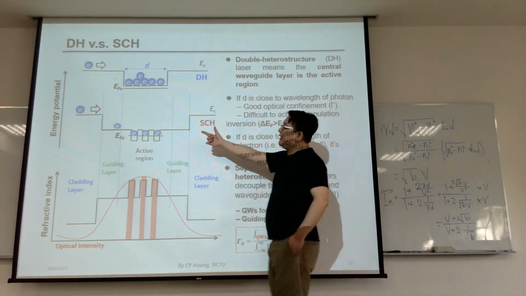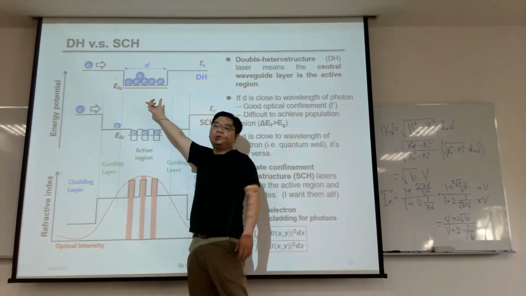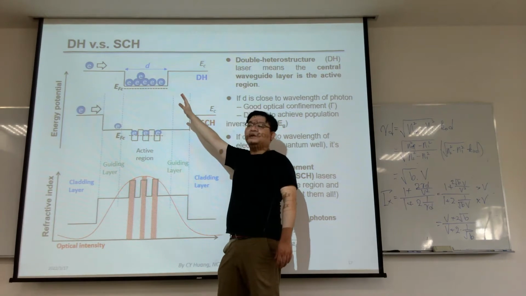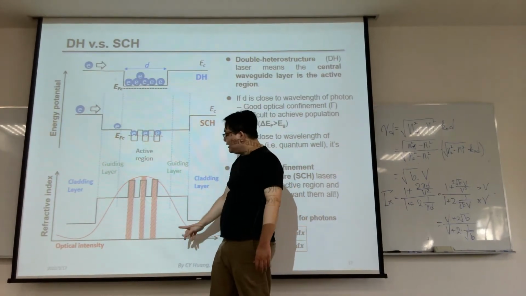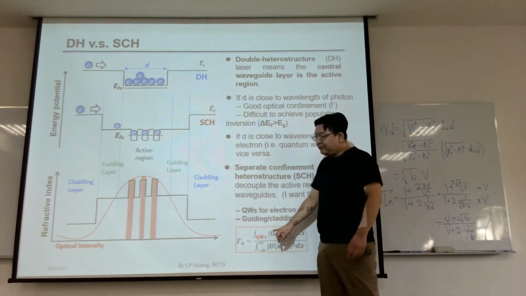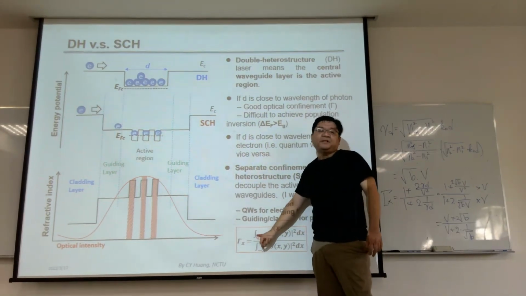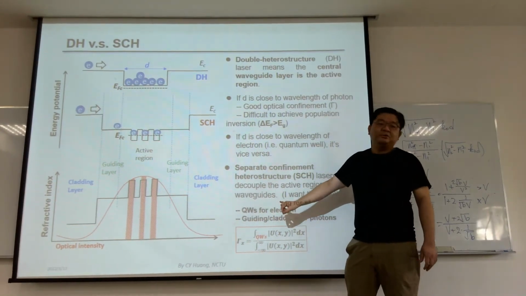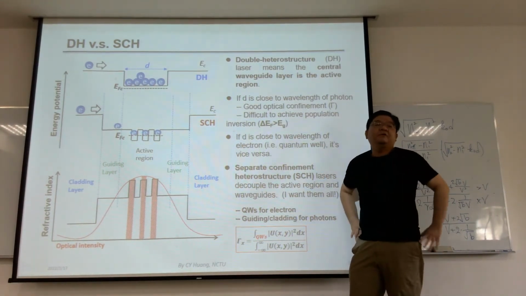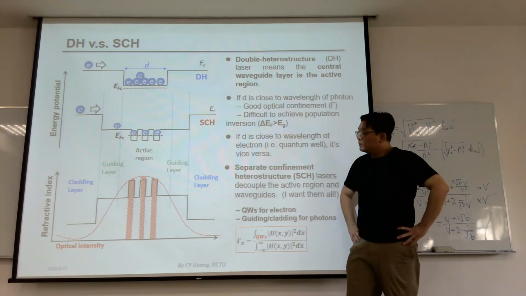The confinement factor of a DH could be 0.2, 0.3, or even 40%, something like that. But for the quantum well structure, the confinement factor is usually 3% or 2% because the thickness is thin and your field is low.